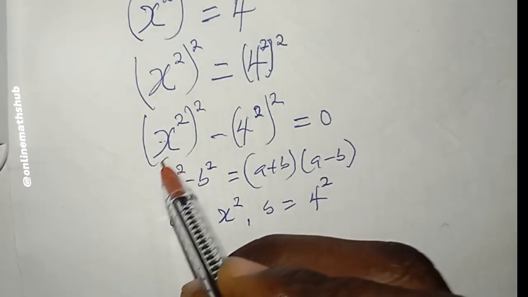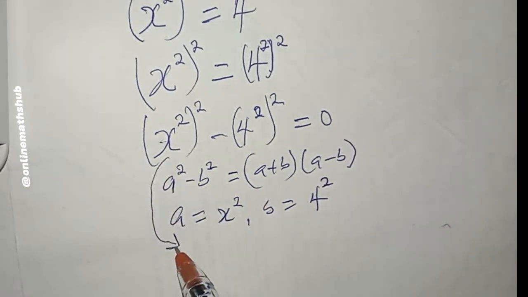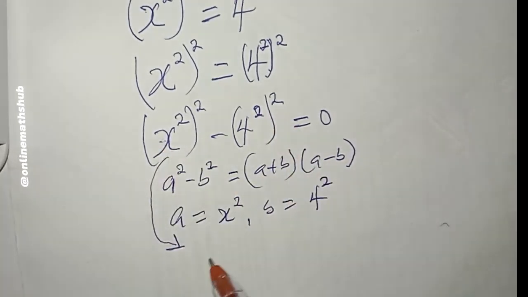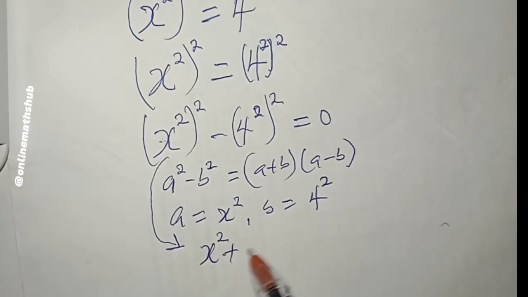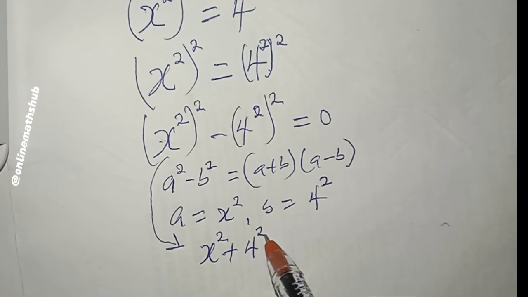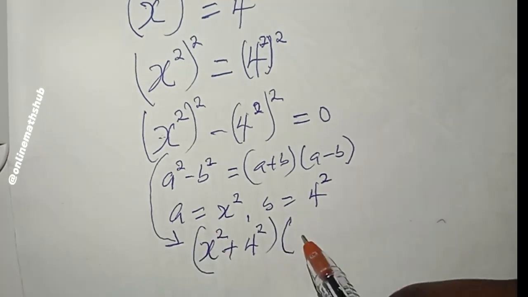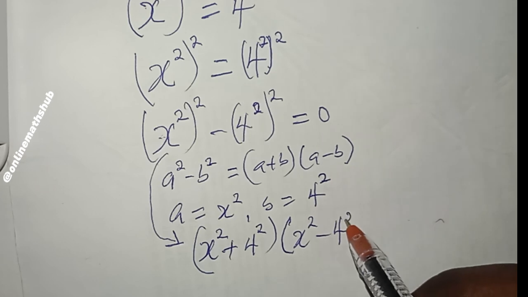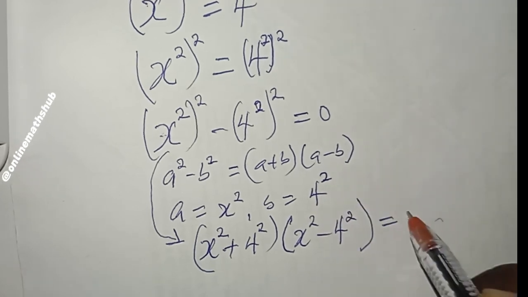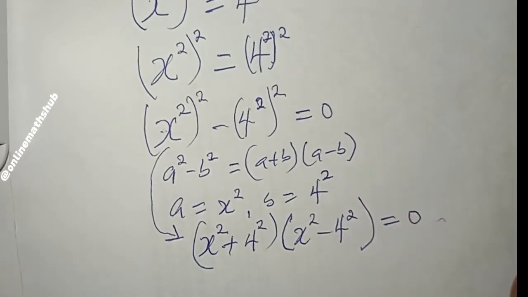If I evaluate this further, I can expand that as x power 2 plus 4 power 2, multiplied by x power 2 minus 4 power 2, because this is equal to 0.